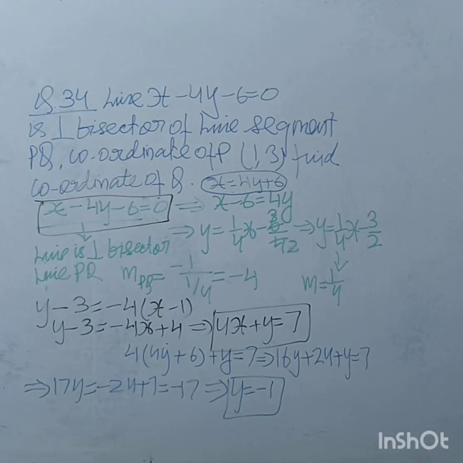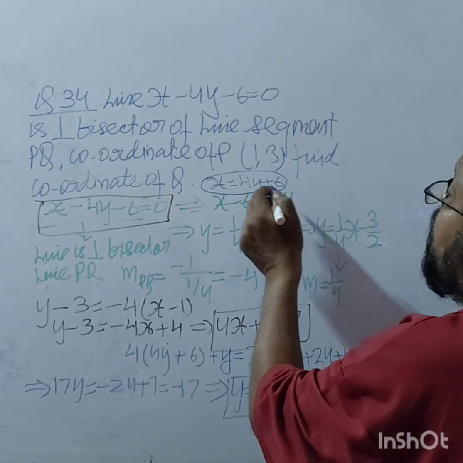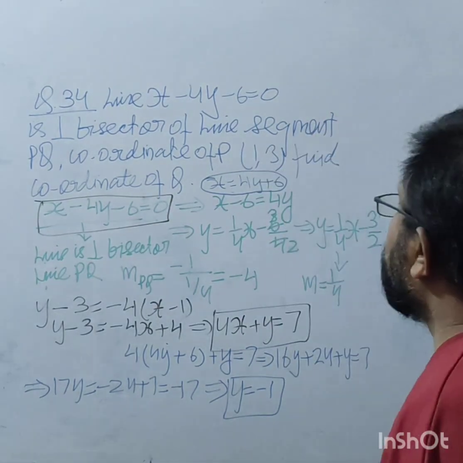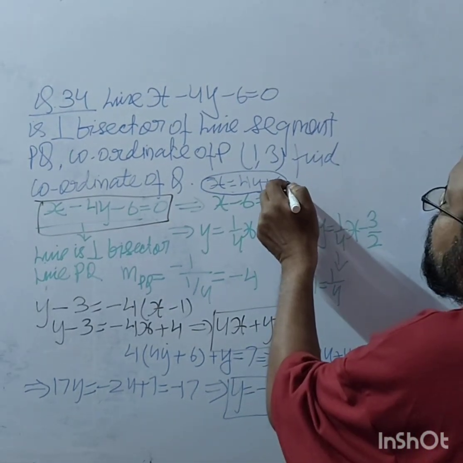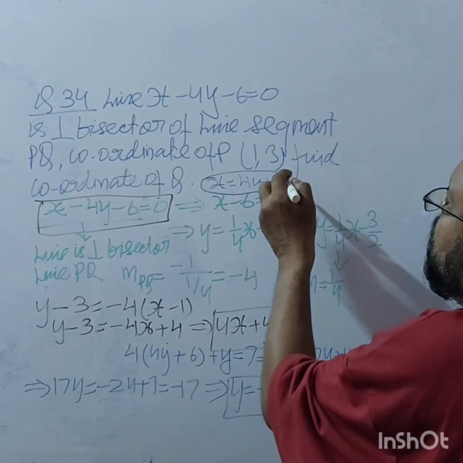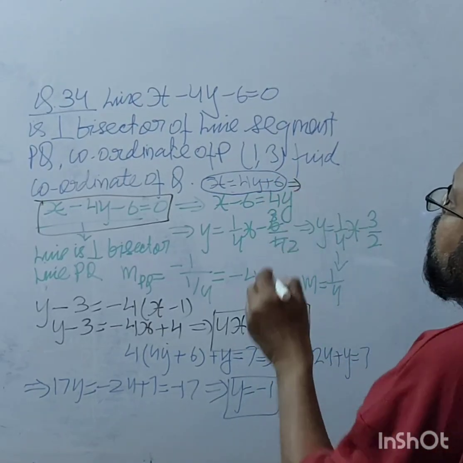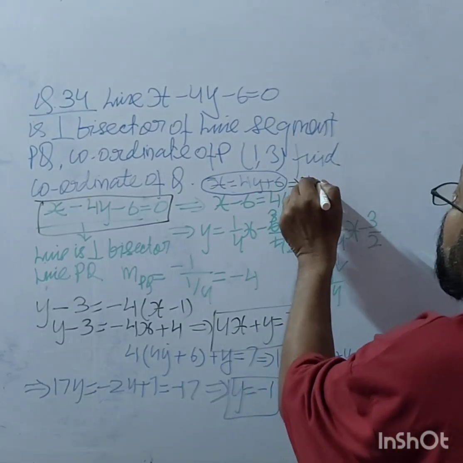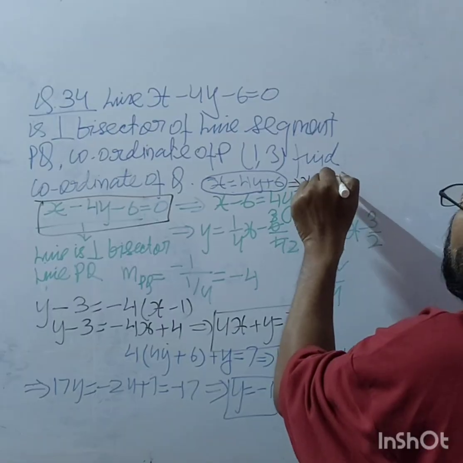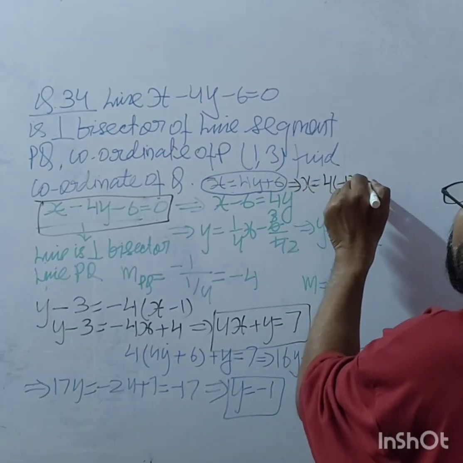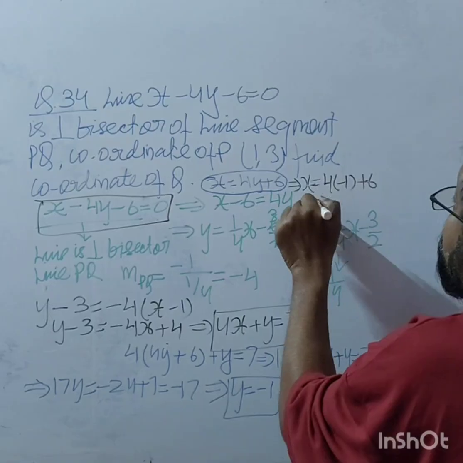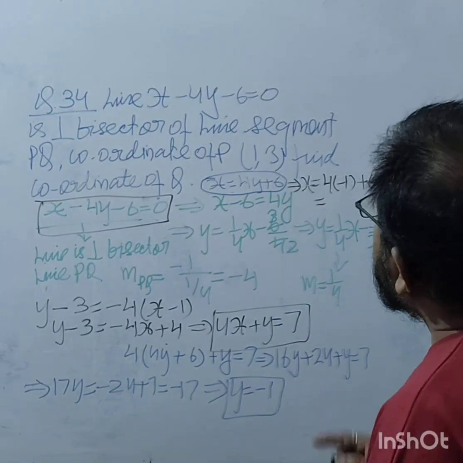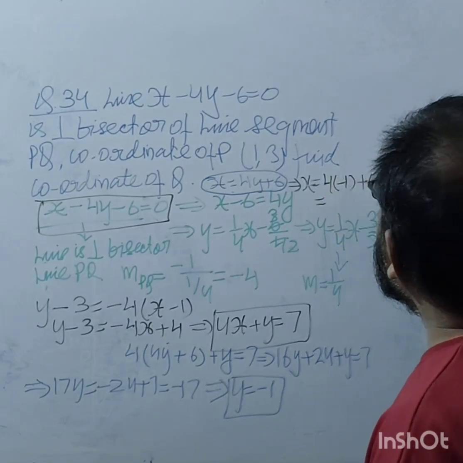When y is minus 1, how much will x be? x is equal to 4 into minus 1 plus 6.